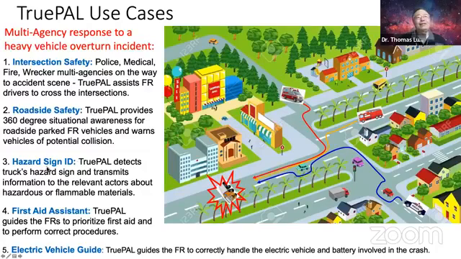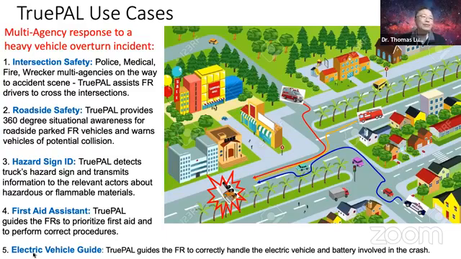And then there's hazardous sign ID because there's some chemical spill. So we want to quickly guide the first responders on how to deal with this chemical spill. And then first aid, if the EMS has not come yet, so the first responder has to try to help those people who got injured. So what to do with those injured people?